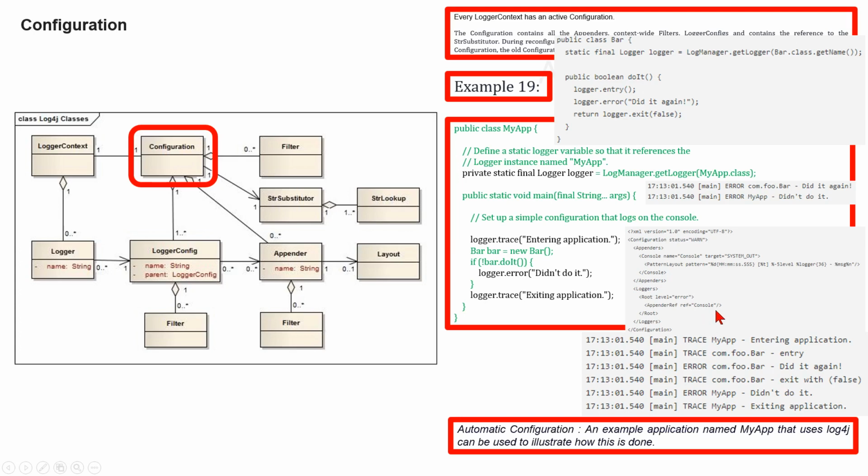Changing the root level to trace will result in output similar to this. Note that status logging is disabled when the default configuration is used.